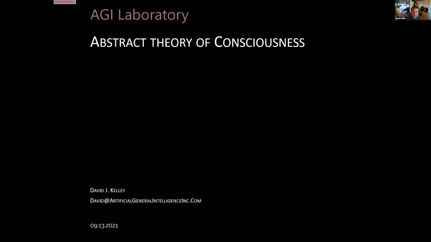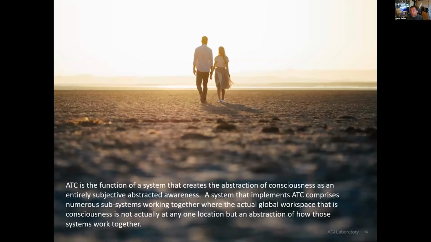So that gets into the next paper I did, and I lumped all three together when I moved it, so I wouldn't have to move other speakers too much. It's the abstract theory of consciousness, which in the work we're doing, ACT, is a function of a system that creates the abstraction of consciousness as an entirely subjective abstractive awareness.